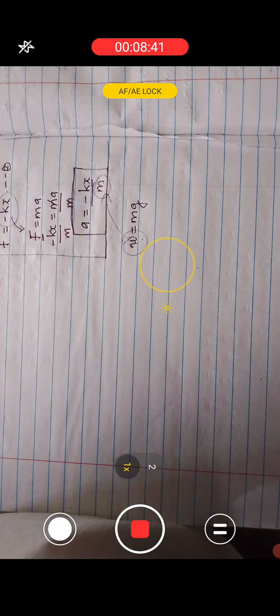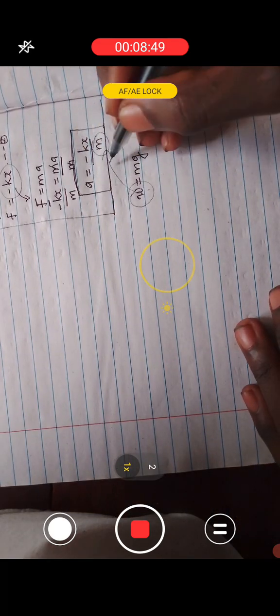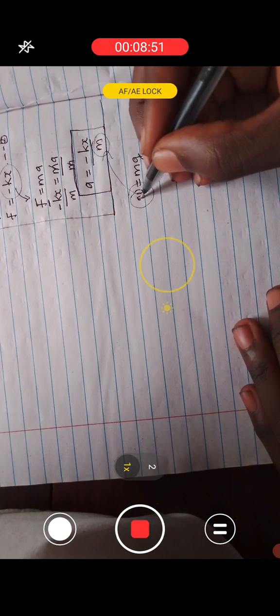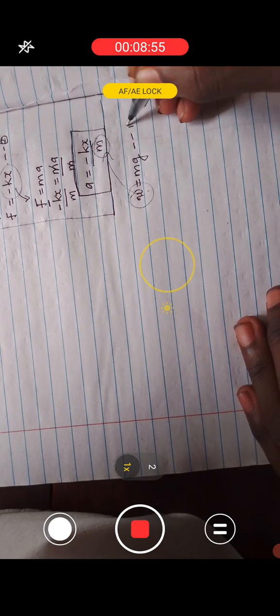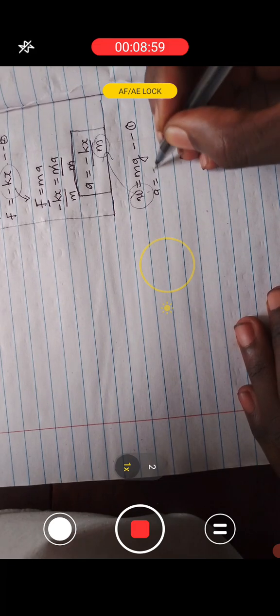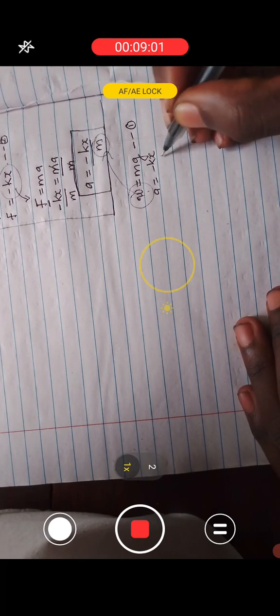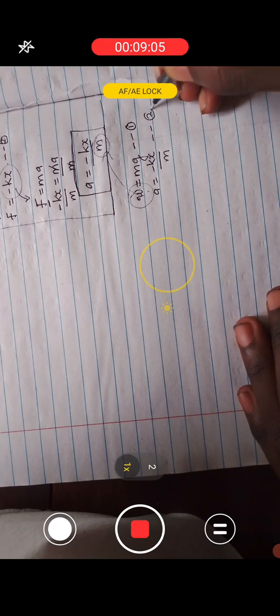Here you have to use substitution. First, weight is equal to mass times gravitational field, which will be equation 1. Then acceleration is equal to negative kx over m, which will be your equation 2.